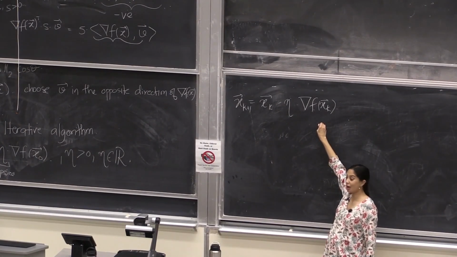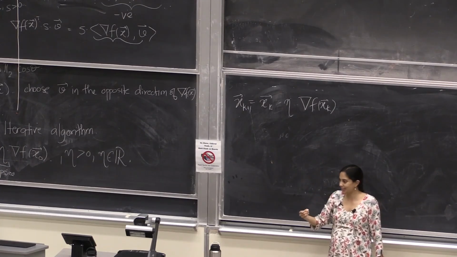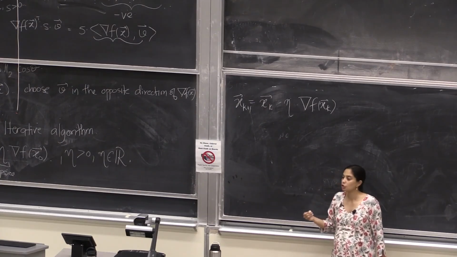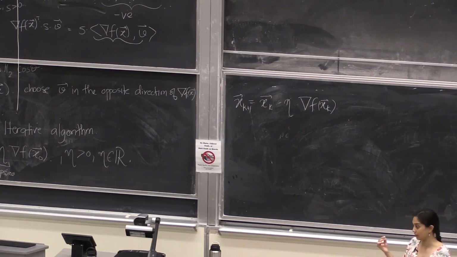Nice, right? You're not going to move. The algorithm is automatically going to know that you've reached the minimum. One of the nice things is that we use the magnitude of the gradient. As the magnitude of your gradient is getting smaller and smaller, you're effectively taking smaller and smaller steps.